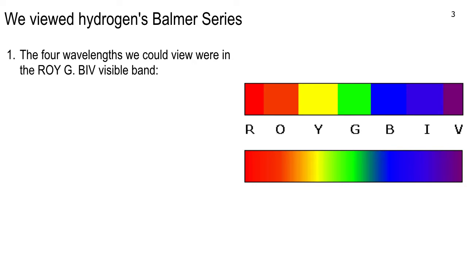The physics joke is that there's a famous scientist named Roy G. Biv, and when he died, instead of donating his body to science, he donated his name to science, because his name is the exact sequence of the colors starting from red and going all the way to violet in the visible band. Roy: red, orange, yellow, G, and middle initial.